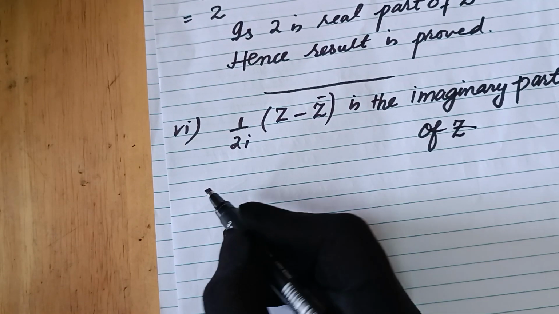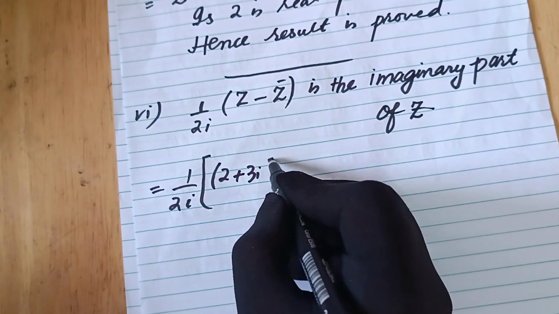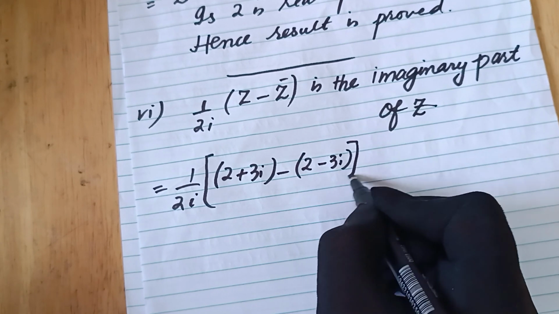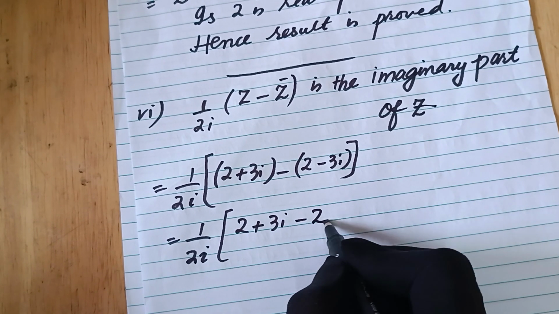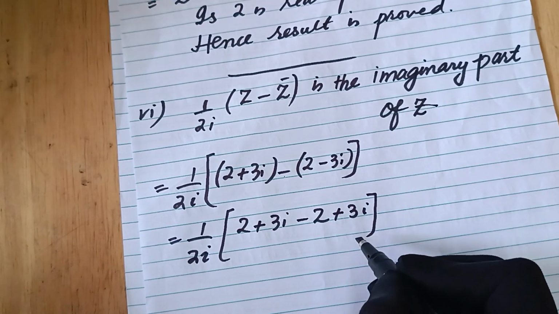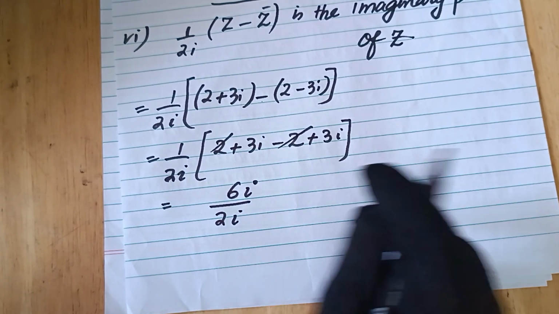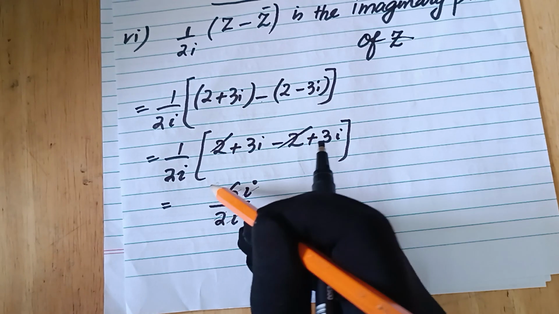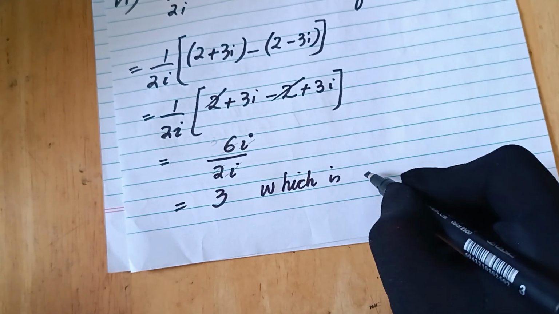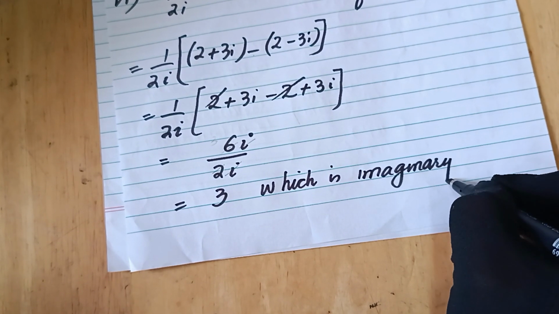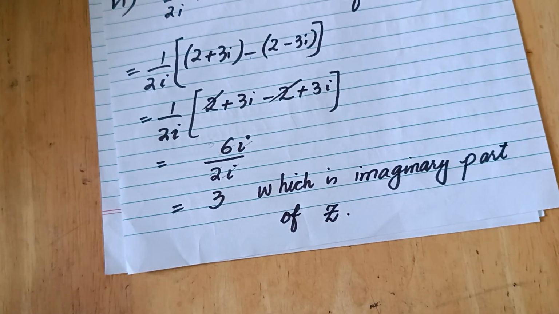So put the values: 1 over 2i, put Z, 2 plus 3i, minus Z conjugate, 2 minus 3i. 2 minus 2 cancels, you can write directly, or open the bracket, minus plus 3i. Then 3i plus 3i is 6i over 2i. The i cancels, and 6 over 2 is 3, which is the imaginary part of the given complex Z. Hence proved.